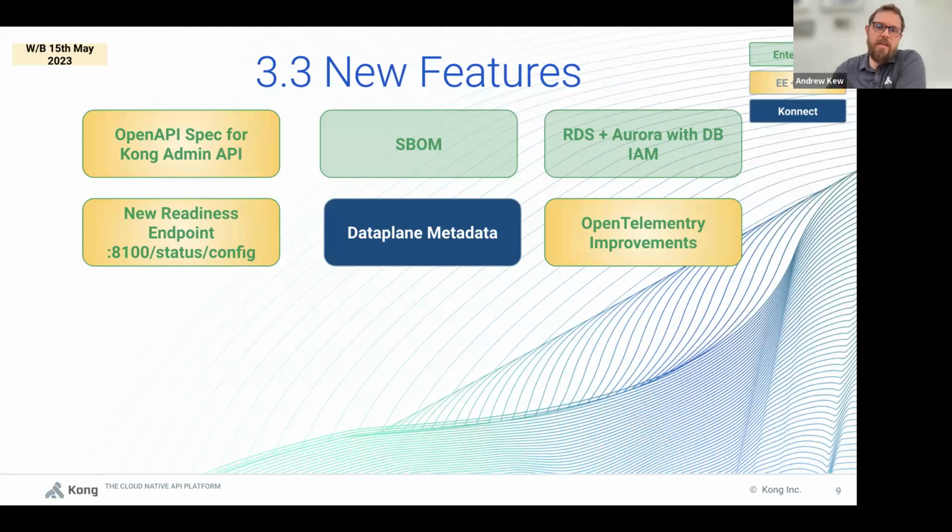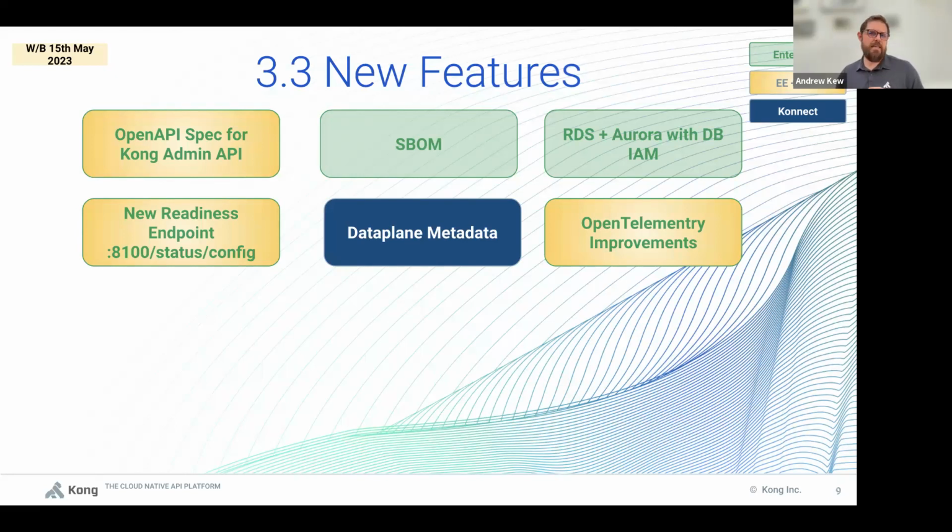One other last one is the one that's sticking out right in the middle, a Konnect edition, and this Konnect improvement is effectively giving you the ability to add additional metadata to your data planes. This is really nice, especially to get more information when you're using Konnect to understand maybe what cloud provider they're running on, what version of Kong they're running on, maybe even what region it's running in as well.